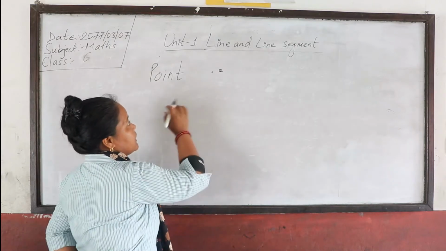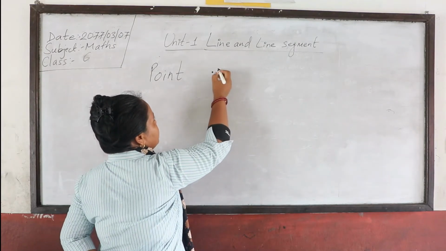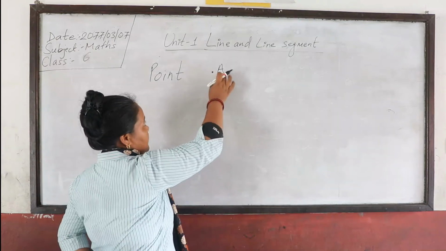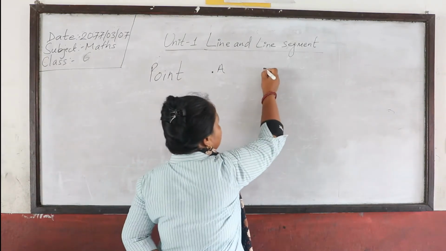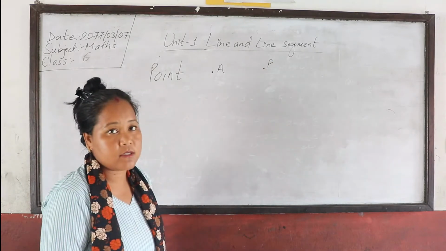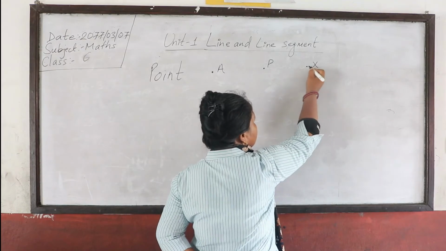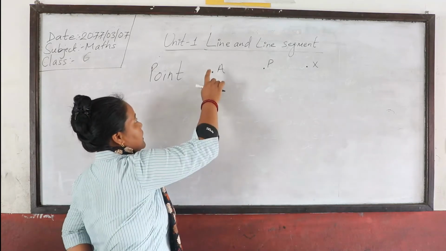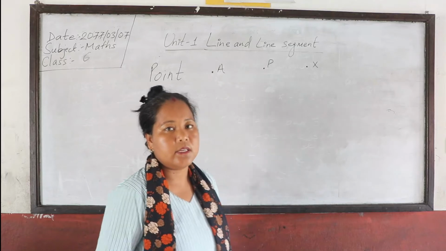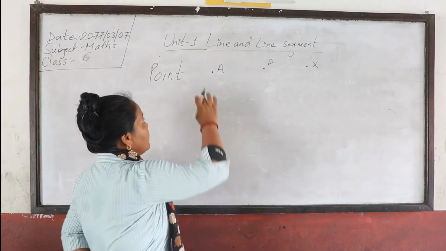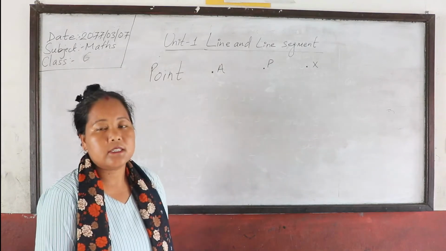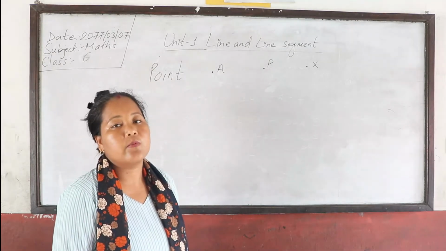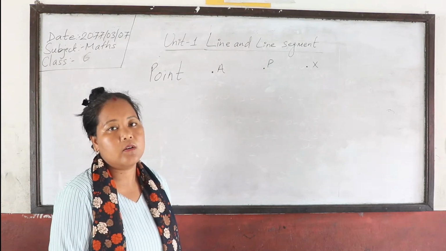If you write a small letter a, this is a mistake. A point is represented by a capital letter: point A, point P, point X. A point has no direction, no length, no breadth. It only denotes the position.